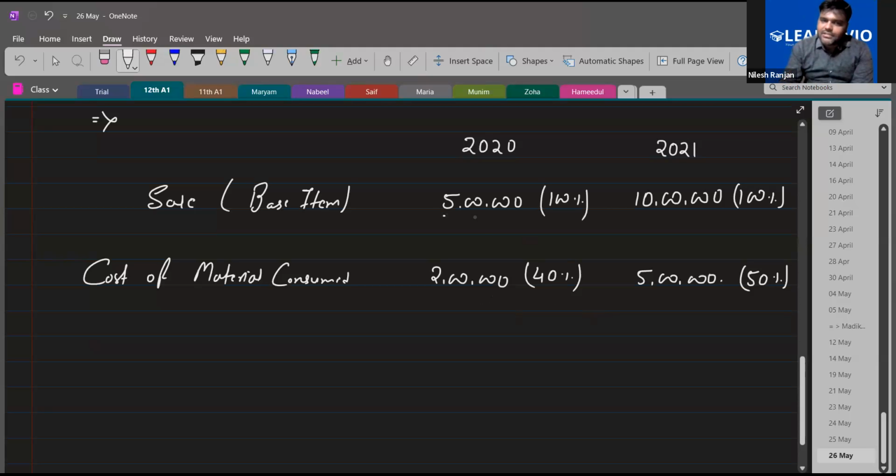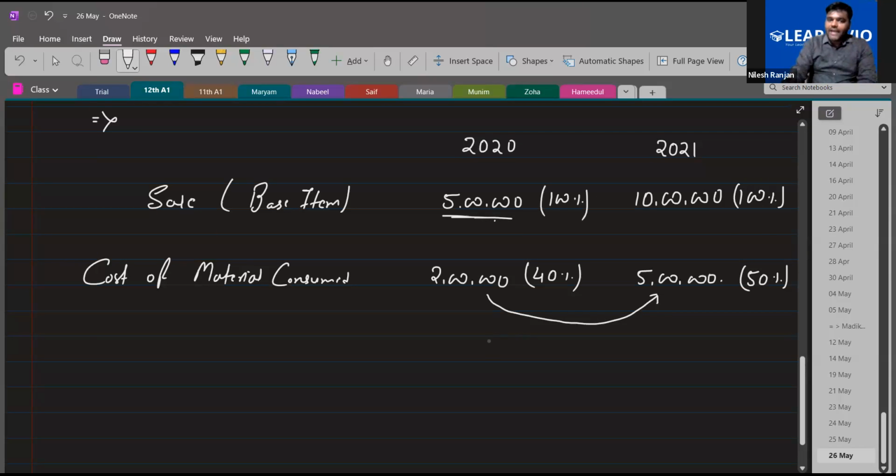Okay. So the thing is, it is not good for the company. You can see the sale is increasing. Sale increased by, you can say, two times than 2020 sales, a 100% increase. But your cost of material consumed is 40% of sale in the previous year, but now it is 50% of sales.